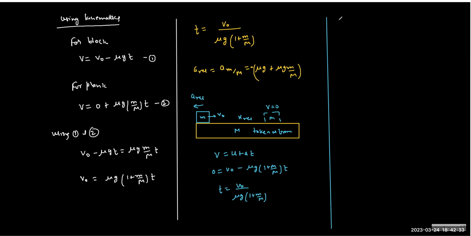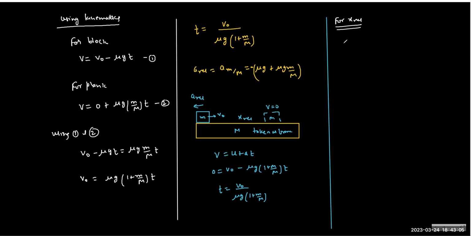So for X relative, what can you do? You can add again kinematics. Which kinematical equation should we use to get the X relative? First, second, third. You know the initial velocity, you know the final velocity, correct? So we can use the third one.